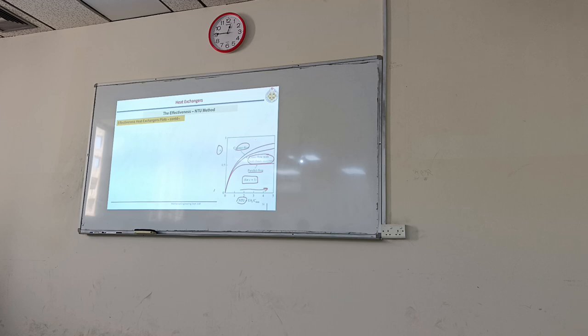But after a certain point, maybe after 3, the change is not that significant, especially for parallel flow. Even after 1, it becomes sustained. This is one observation. Second observation, parallel flow will give you the least effectiveness. Highest will always be the same double pipe but counterflow, and all others will be between these two.